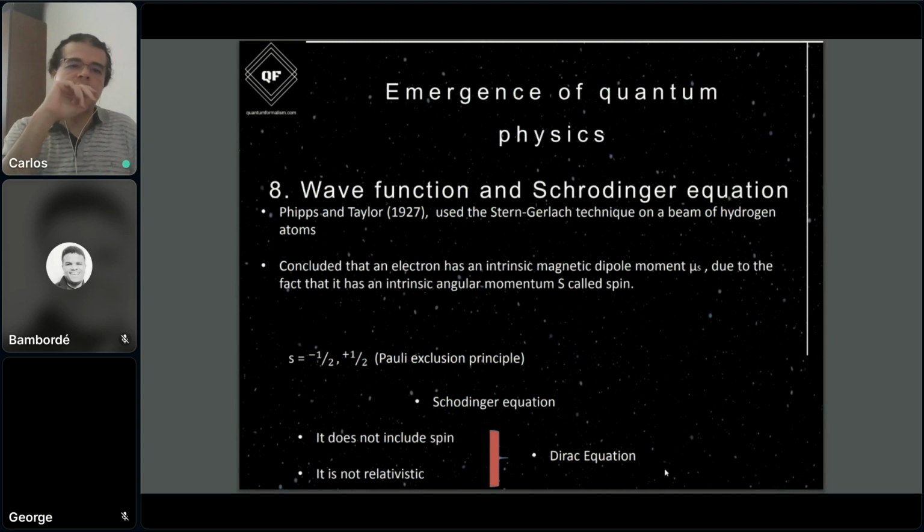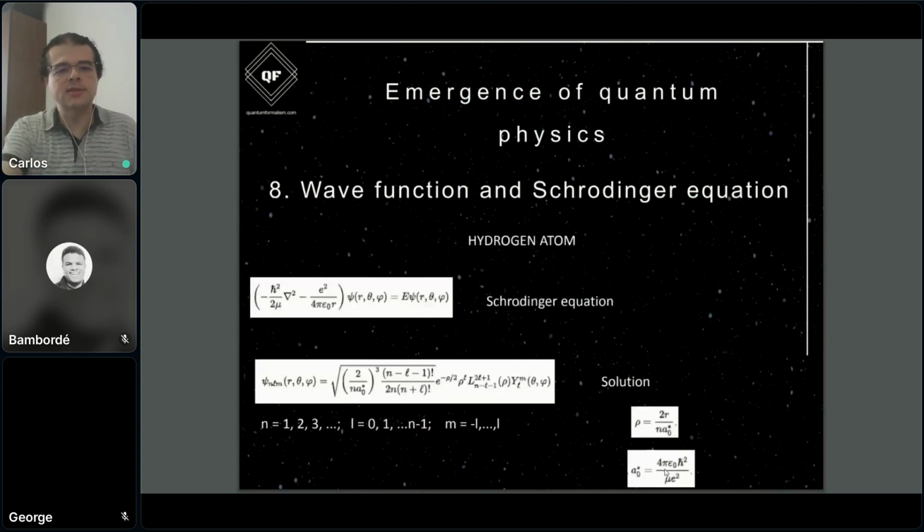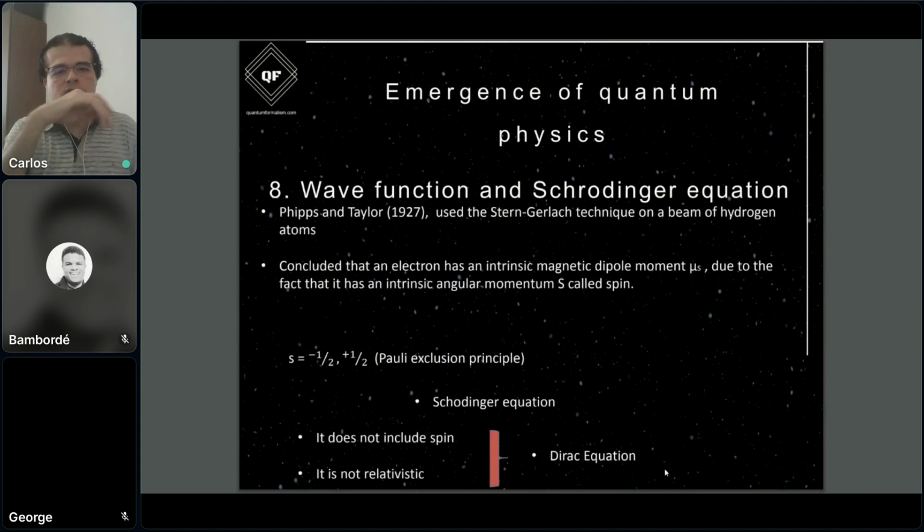But the thing is, this is from 26, Schrödinger's equation. I think this is Phillips, not Phipps.